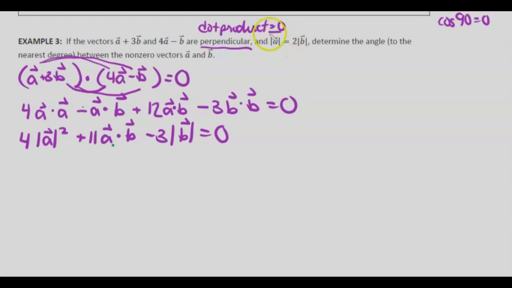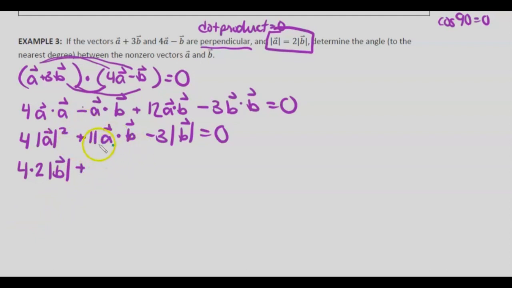Now let's substitute in 2 times the magnitude of vector B for every magnitude of vector A, so we're putting all of this in terms of B. So this is 4 times 2 times the magnitude of vector B, plus, I'm going to do this middle term in 2 steps.